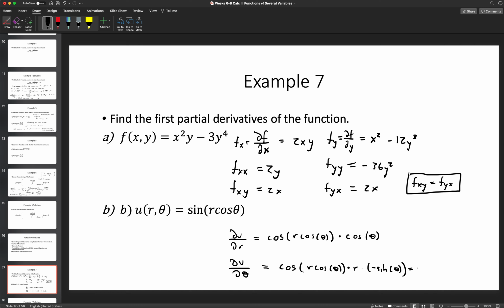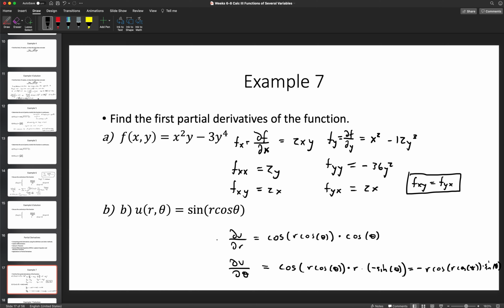So you get negative r cos theta sine theta. Sorry, I ran out of room there, but that's what you get.